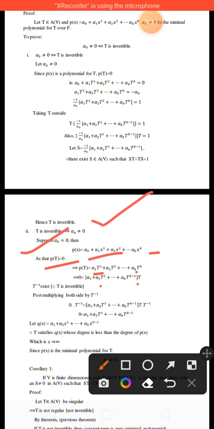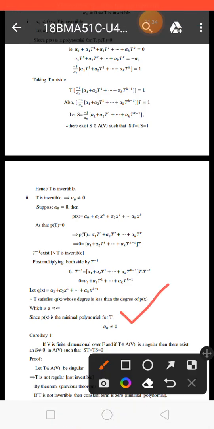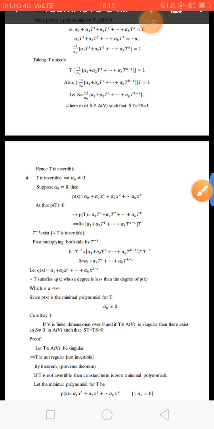So 0 equals (alpha_1 plus alpha_2 T plus up to alpha_k T^(k-1)) T. Then T inverse exists, so post multiplying both sides by T inverse, we get alpha_1 plus alpha_2 T plus up to alpha_k T^(k-1) equals 0. Let q(x) equal this. Then T satisfies q(x) whose degree is less than the degree of p(x), which is a contradiction. So p(x) is the minimal polynomial for T, which implies alpha_0 not equal to 0.